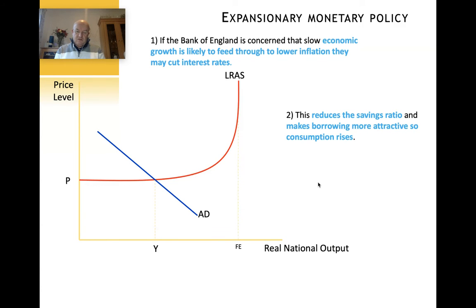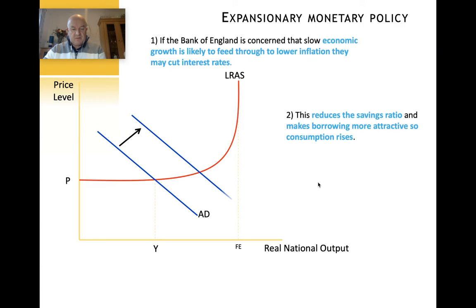Now, that's going to reduce the savings ratio, which is basically the tendency for people to save rather than spend, because that essentially makes borrowing more attractive. As a result, if we've got lower interest rates, more people borrow more money. That means they're more likely to then spend money, and consumption will increase as a result.